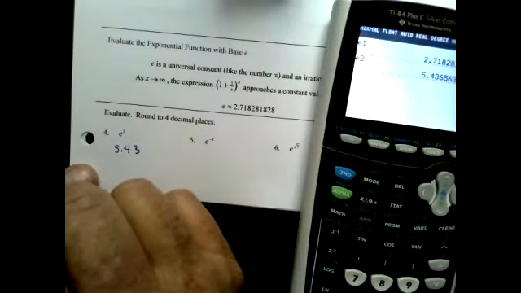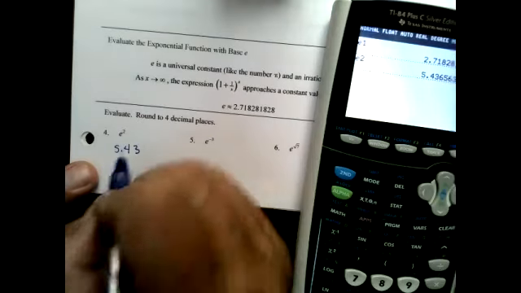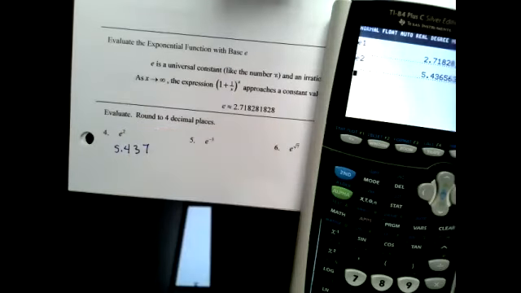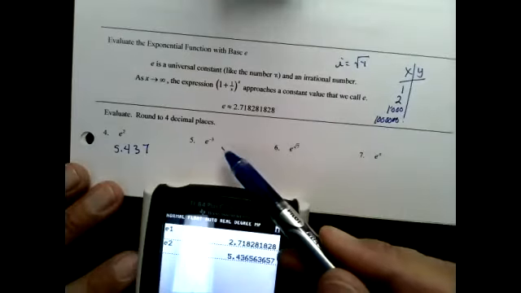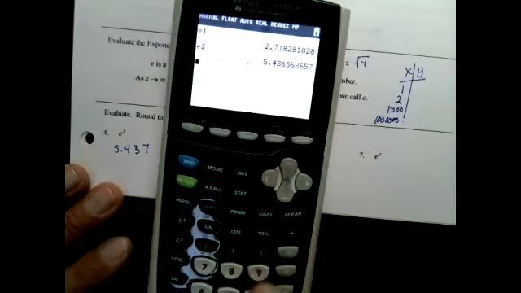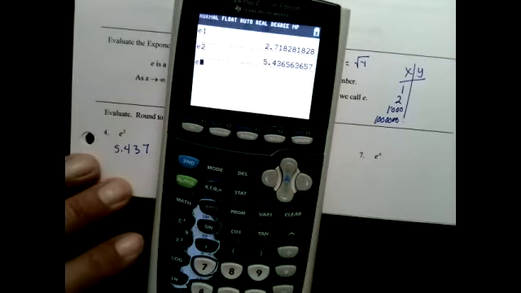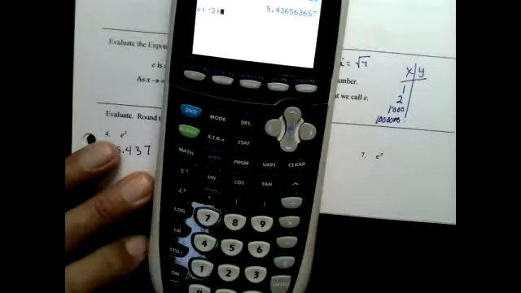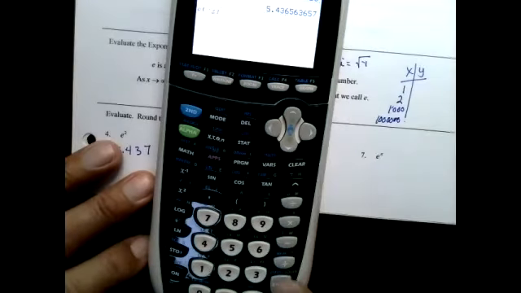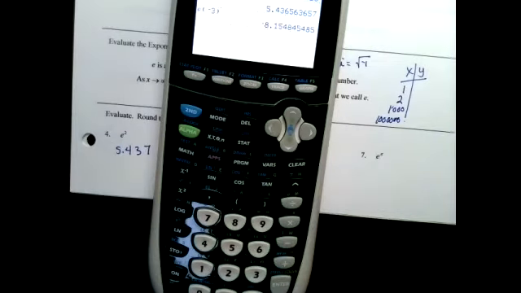And I'm just going to go 3 decimal places, 5.437. Okay. 3 decimal places, always good to go. And I could continue. I could throw in -3, nice and simple. Second divide down below here. I'm going to do parenthesis, -3, and enter, and I get a value, -8.